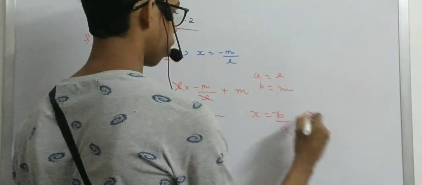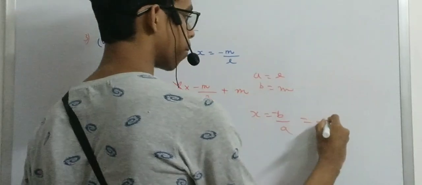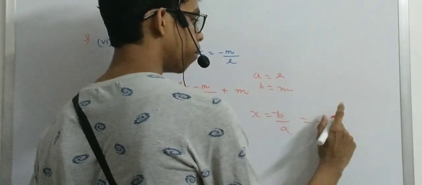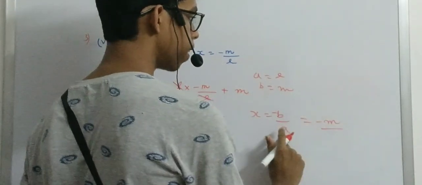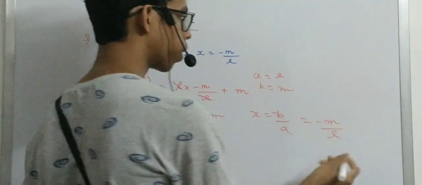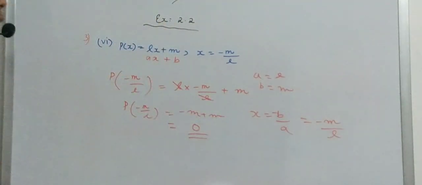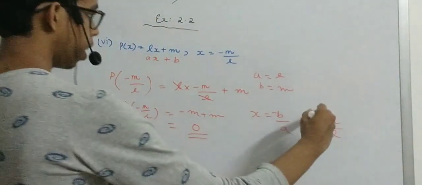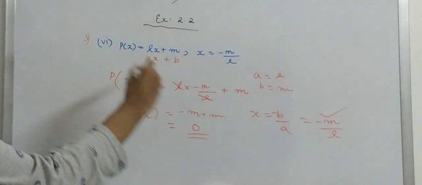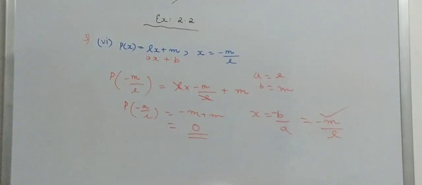So we know our b is m and a is l. So here also we are getting x is equal to minus m by l. So definitely this will be the 0 of this polynomial. I hope it is clear to you.